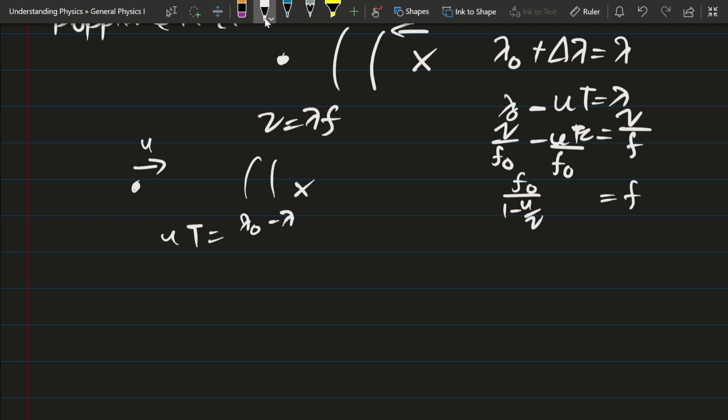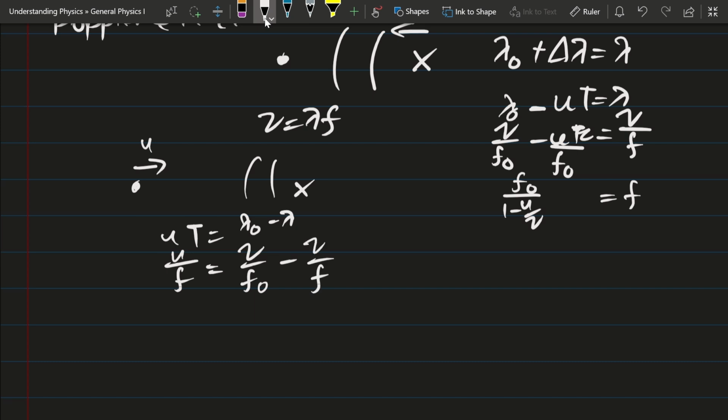So let's just go and write it all down. This will be u over the frequency. This will equal lambda 0, which is v over f0, minus, and then the lambda here is the one that's heard. That will be v over f.